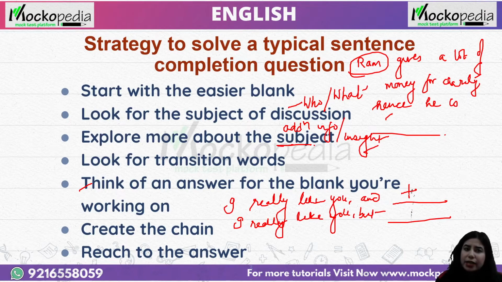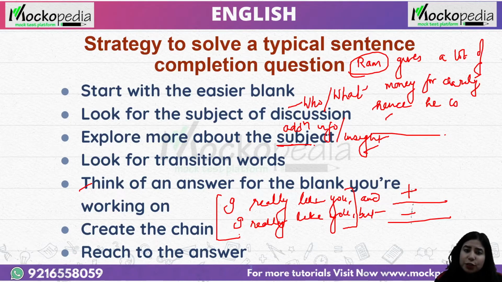If you take a look at the second sentence, I really like you, but. I really like you, but we can't be friends. I really like you, but we cannot study together, right? So, any idea that you're inserting in this is a negative one. Now, if you look at the sentences, you'll realize that in both the cases, this particular part remains the same, right? Both the sentences, this portion is absolutely identical, but the way we are completing the sentence is absolutely opposite.